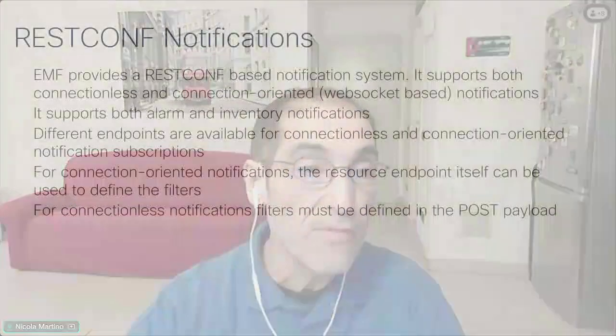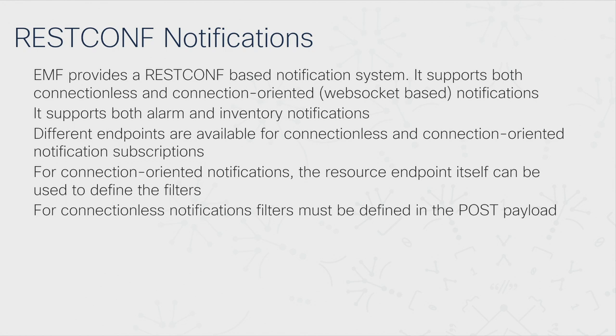Notifications. We have two different types of notifications: connectionless and connection-oriented notifications. When you use connection-oriented notifications, you can pass filters through the URL, filters for example for the objects and so on.